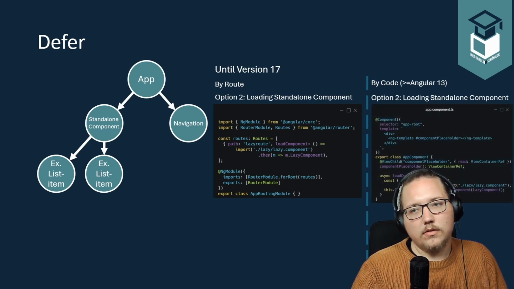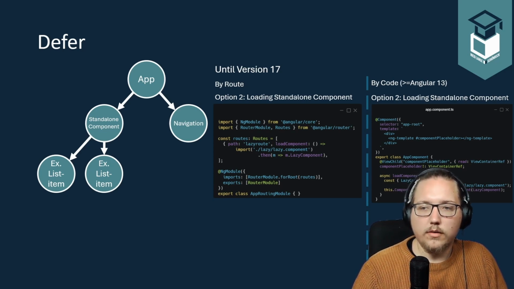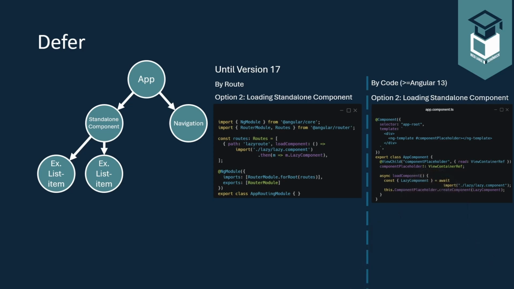Now the standalone component way by code. And as you can see, it is much easier, because you don't have to make this function that returns the component. You only have to create a component on a template, and that's it.